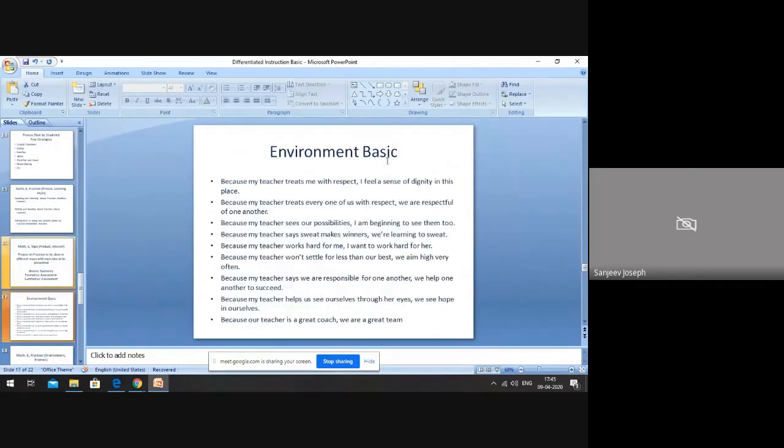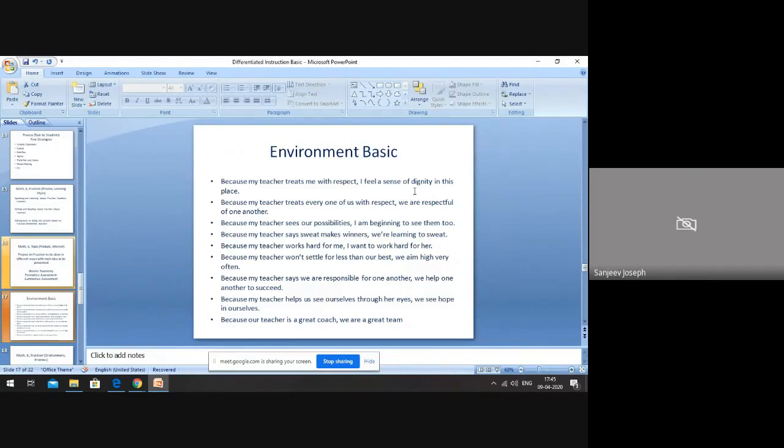The last one is something called environment, that is, how do we differentiate the environment of the classroom. Because my teacher treats me with respect, I feel a sense of dignity in this place. That is very important.